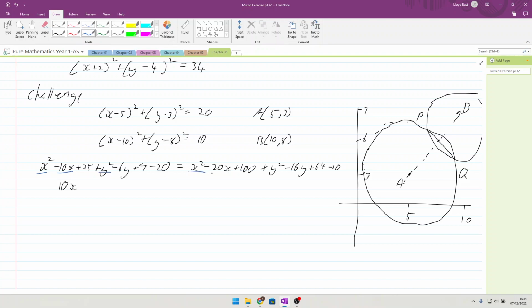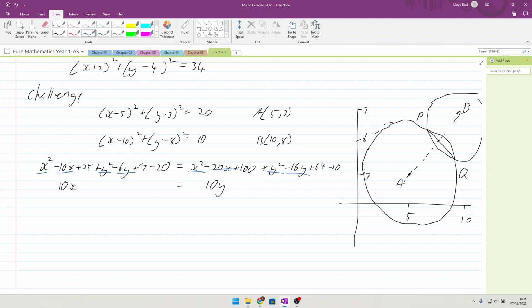Now let's do the y's. So I've got minus 16y and I've got minus 6y. When I bring it across, it'll be a plus 6, giving me 10y. So that is that one and that one dealt with.